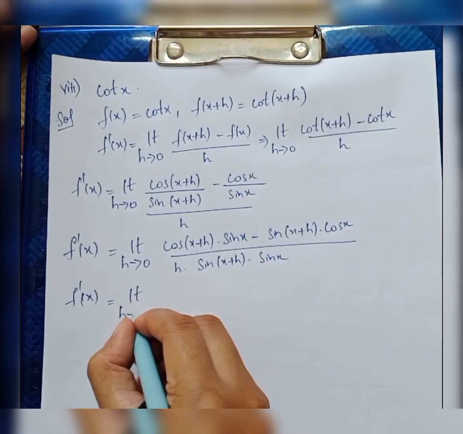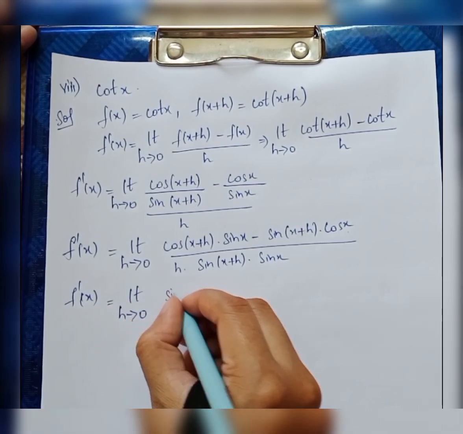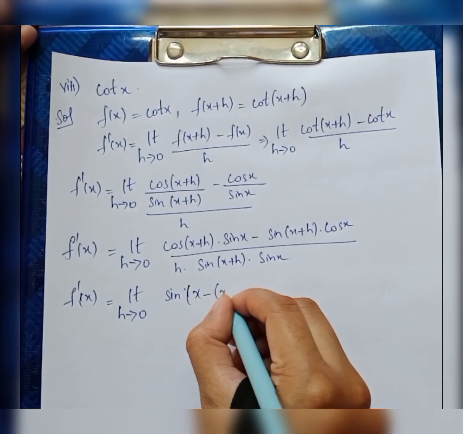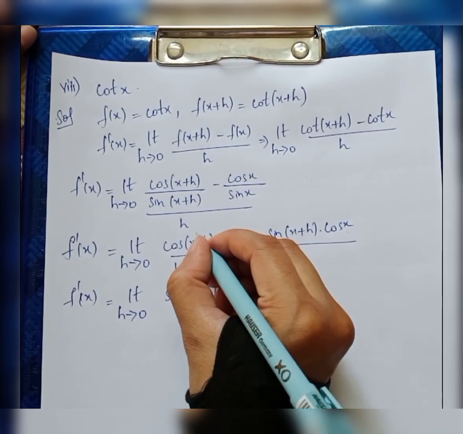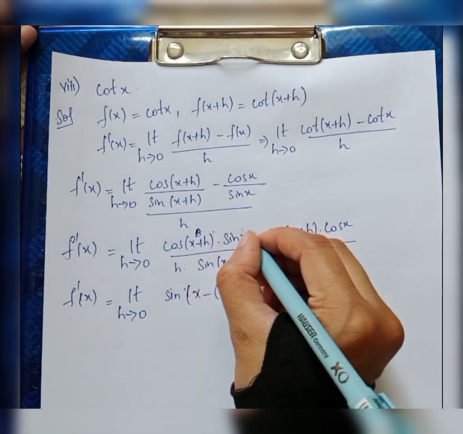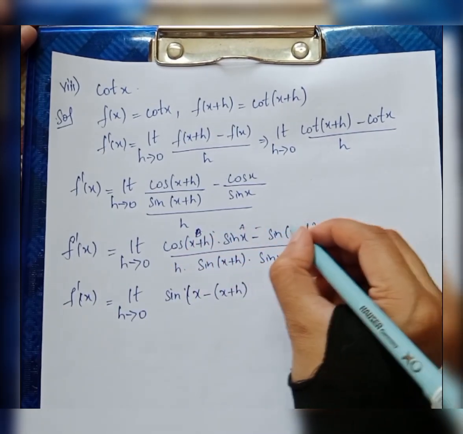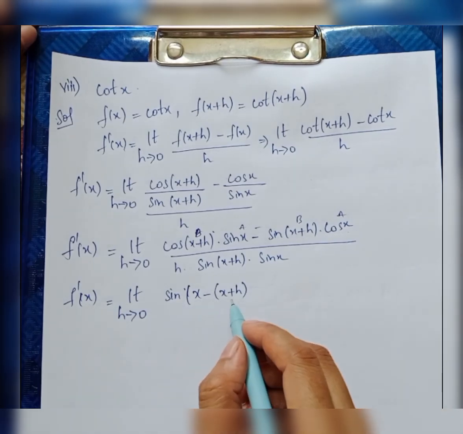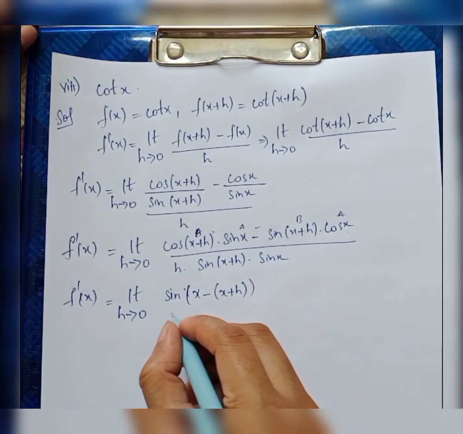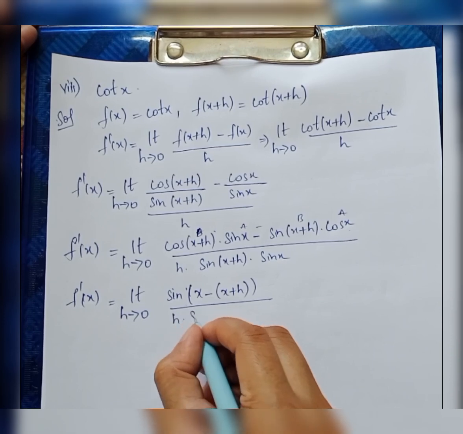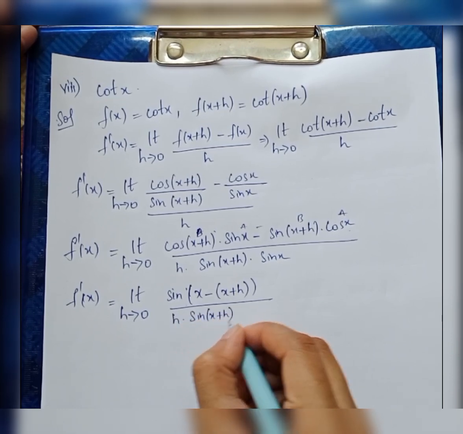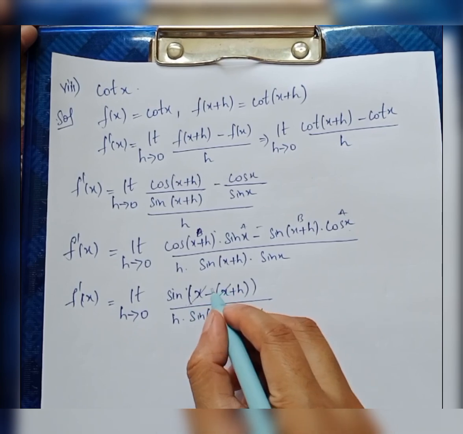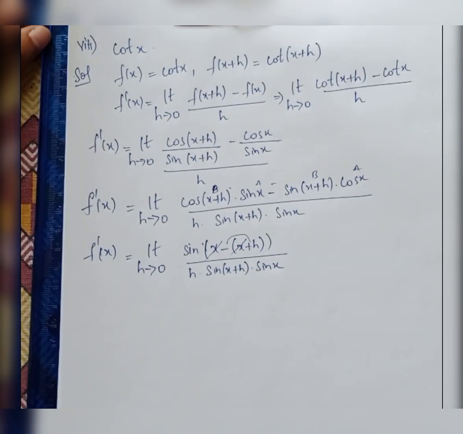So limit h tends to 0, sin a is x, a minus b is x minus (x plus h). Cos b into sin a minus sin b into cos a is equal to sin (a minus b), by h into sin (x plus h) into sin x. Here minus and plus get cancelled, it is minus h.